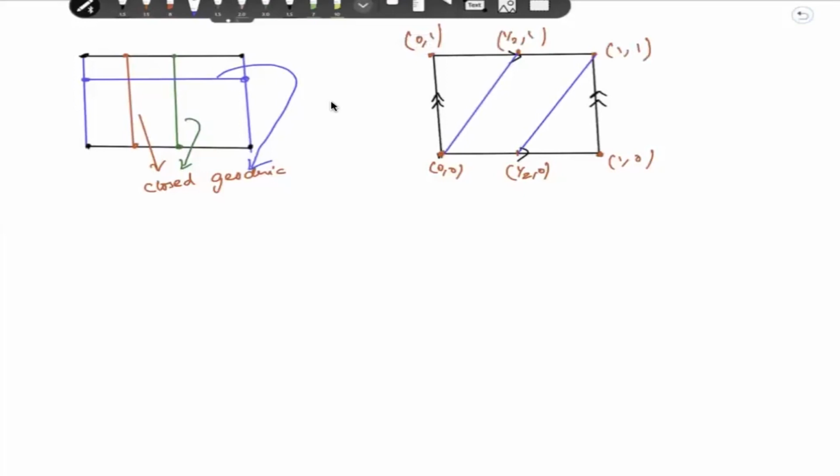So these two blue parallel lines will form a closed geodesic in the flat torus.